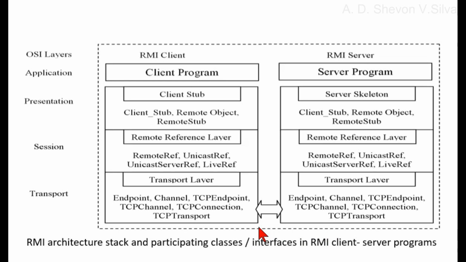The architecture is built using 3 layers. Stub and skeleton layer, which lies just beneath the view of the programmer. In this layer, RMI uses the proxy design pattern.